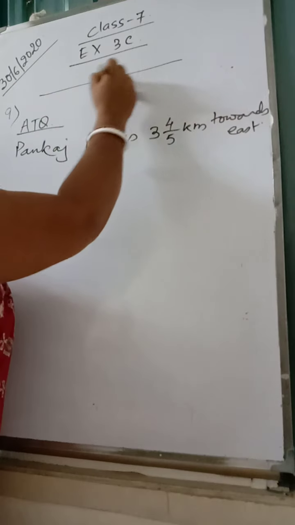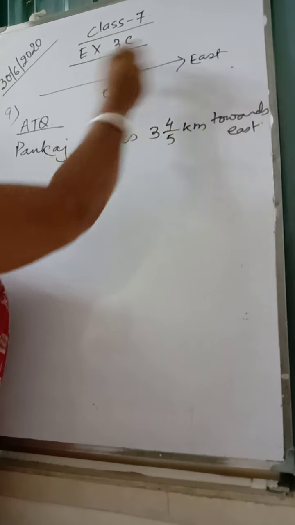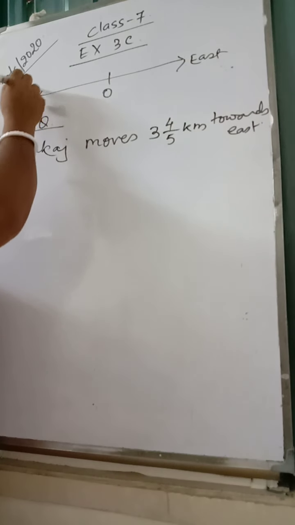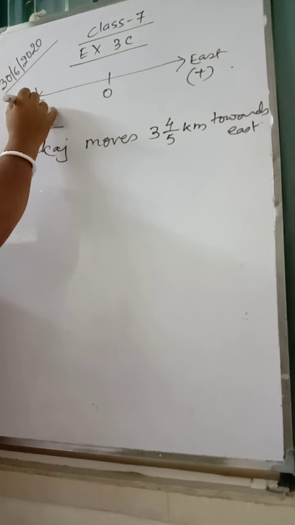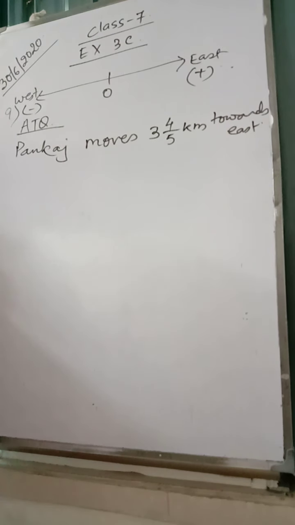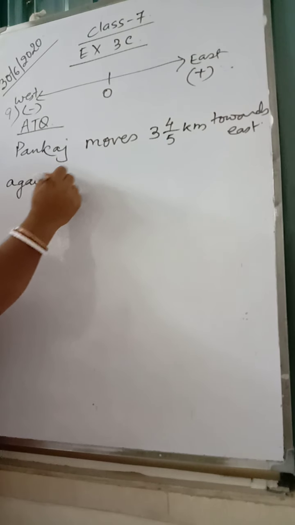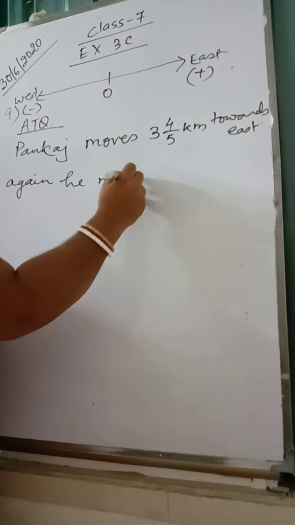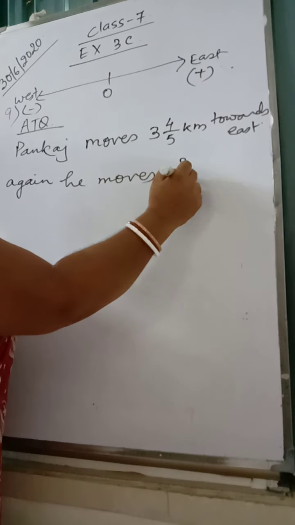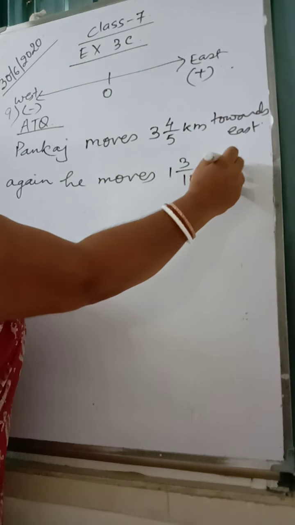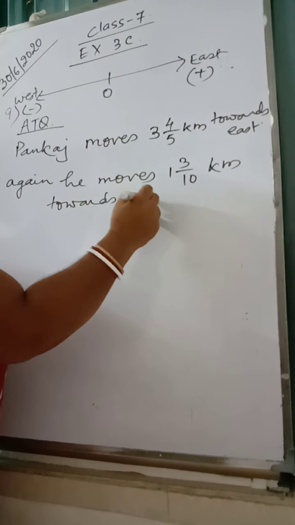Always, if east is this side and west is this side, east will be represented with a positive digit and west will be represented with a negative digit. Towards east, again he moves 1 3/10 kilometers towards west.